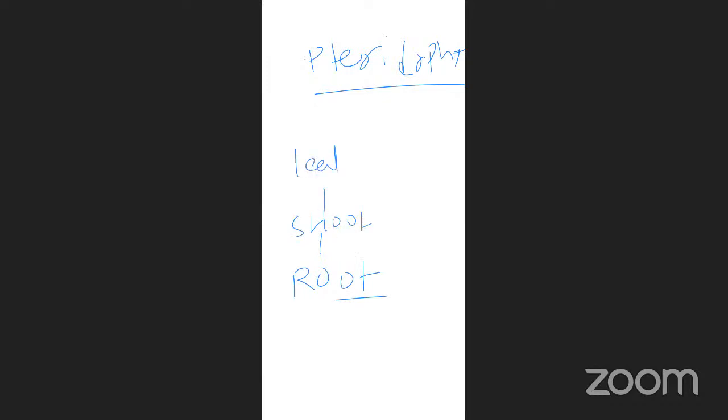In Pteridophyta, the definition is already clear, right? Individually, there is always root, shoot, leaf, and finally mature cones or strobili. This is the reproductive part, like a flower.